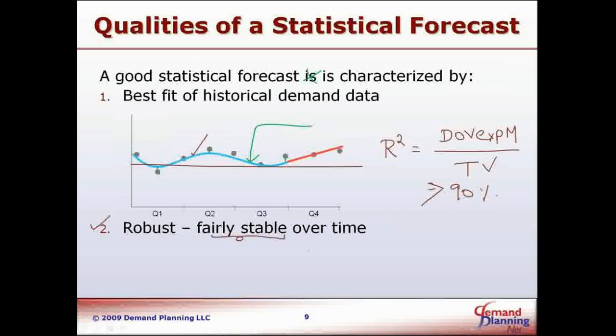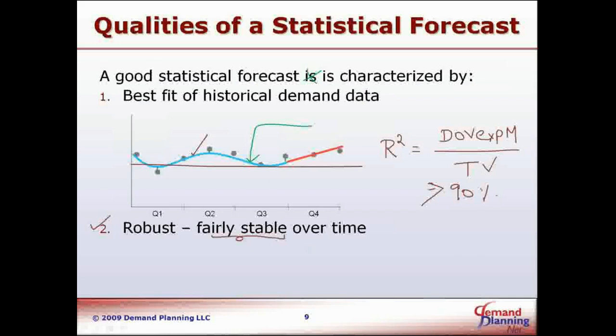So you can think of it as, I have all these variations, how much is my model able to explain? That's what R squared is. In this case, I would guarantee you the R squared is probably greater than 90%. So best fit, R squared, is one of the criteria.